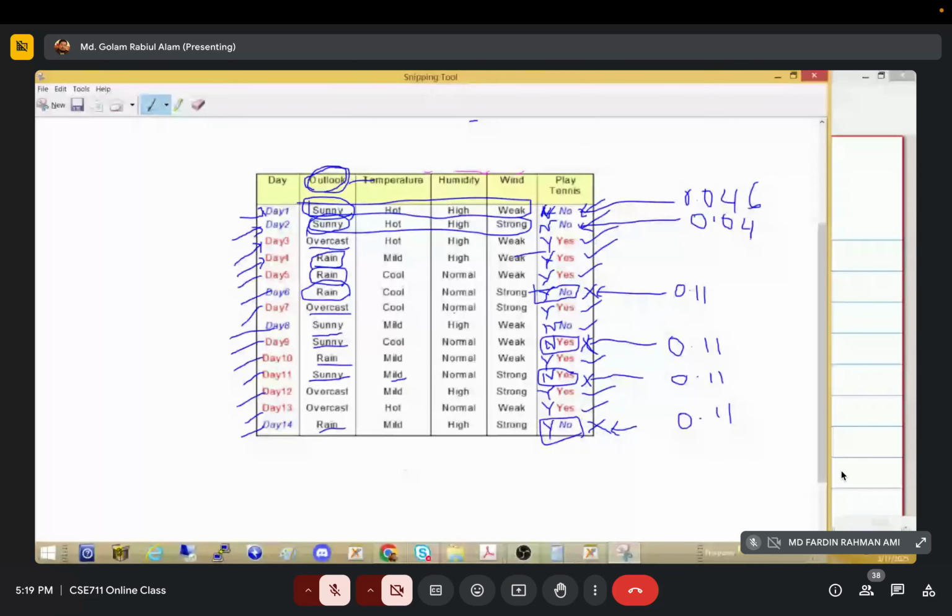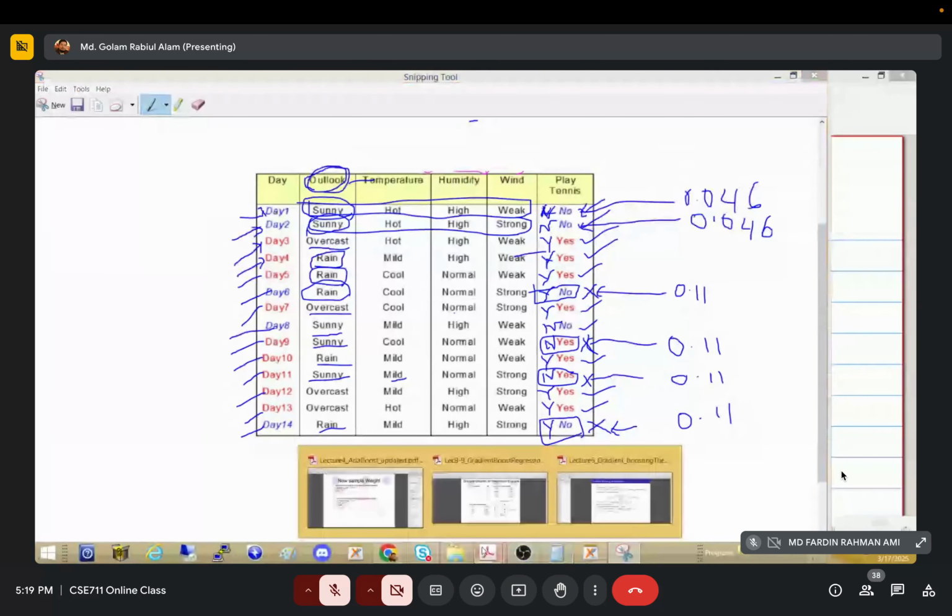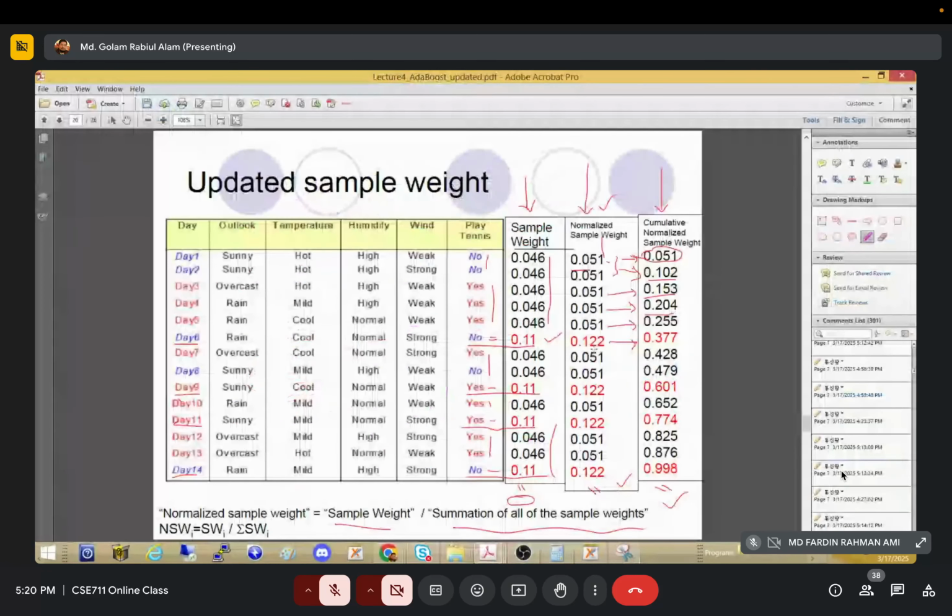In this way, we have to assign the weights of the other instances also. This gives the new, updated sample weights.